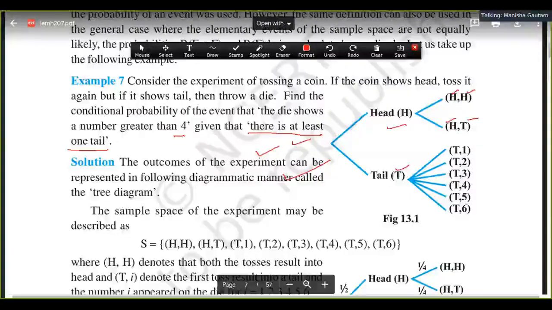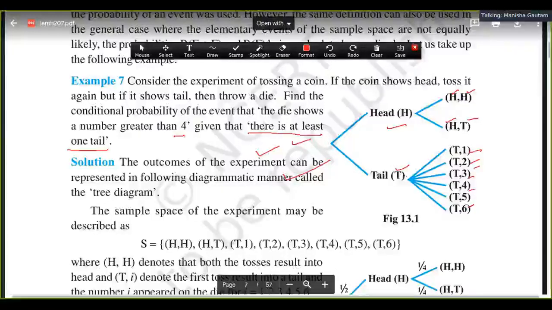It means with the T you are getting 1, 2, 3, 4, 5 and 6. Now this is the experiment where after one throw you are not getting the final result. After performing one activity, you are doing a second activity to complete the experiment.